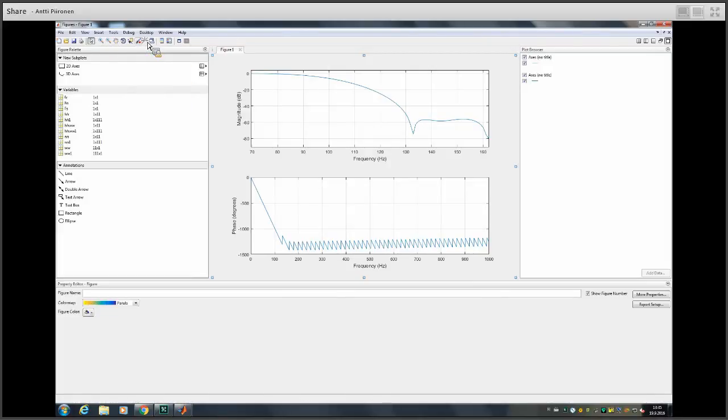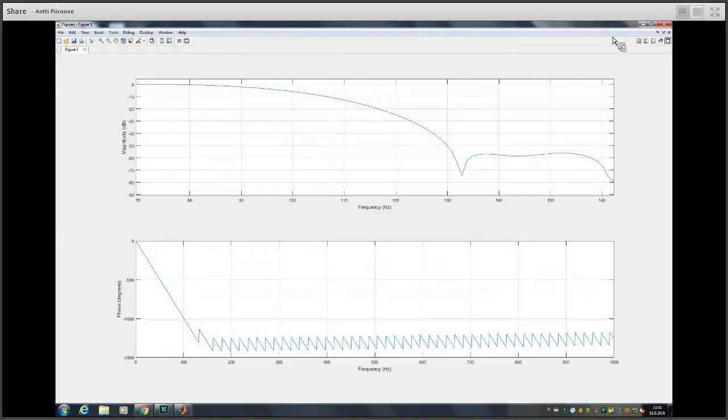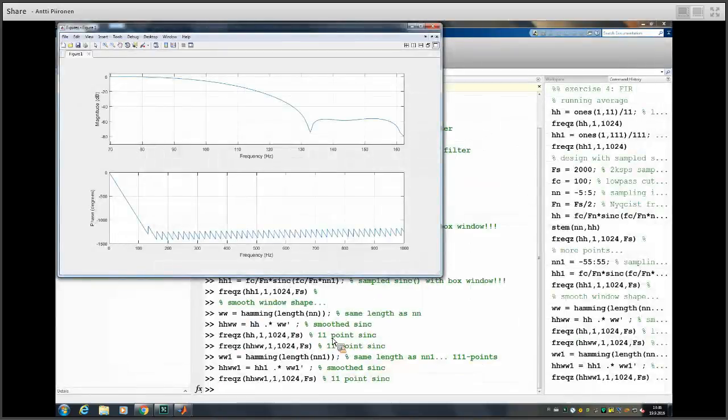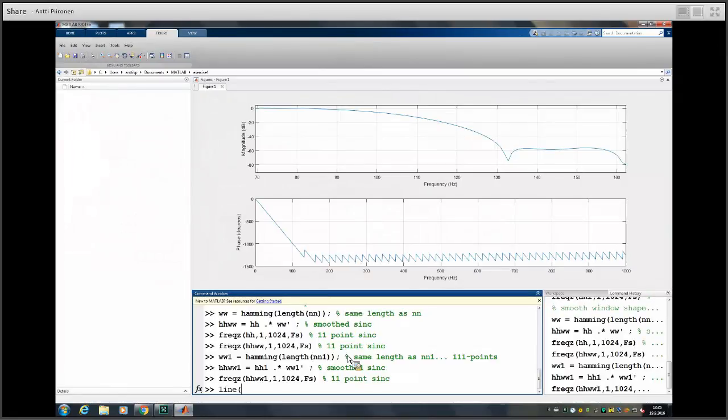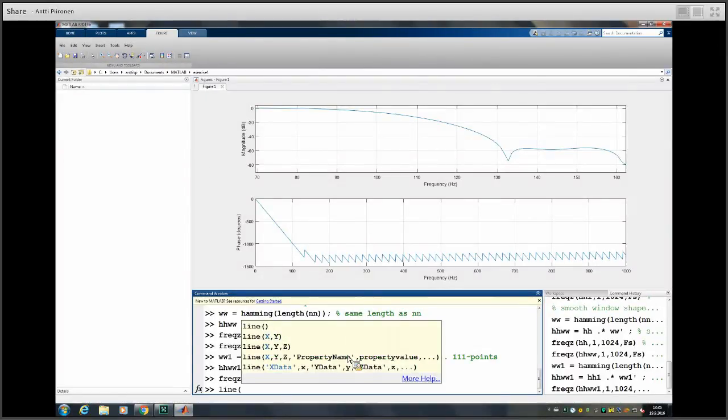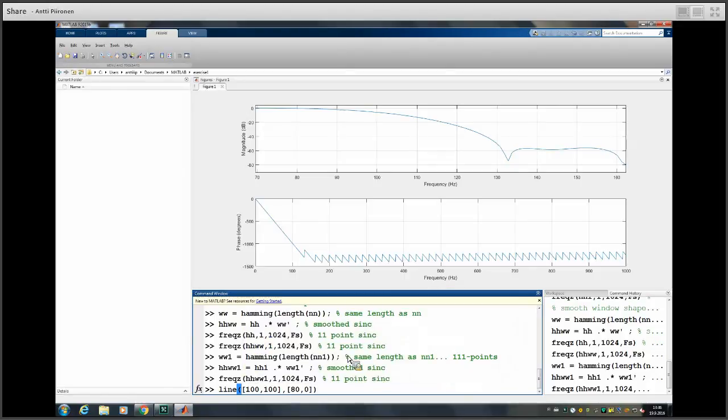Tools. I'll add a couple of lines here just for fun. One line at 100 Hertz, that's our cutoff frequency, magnitude minus 80.